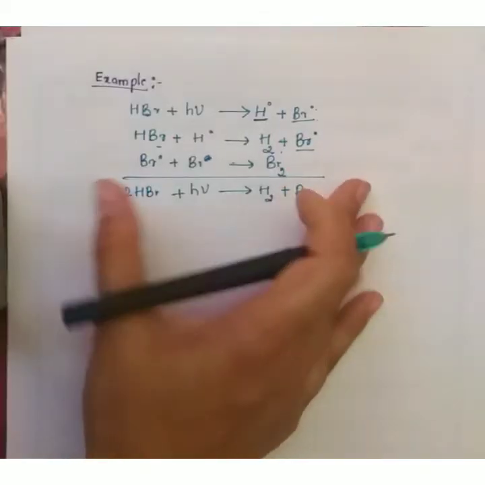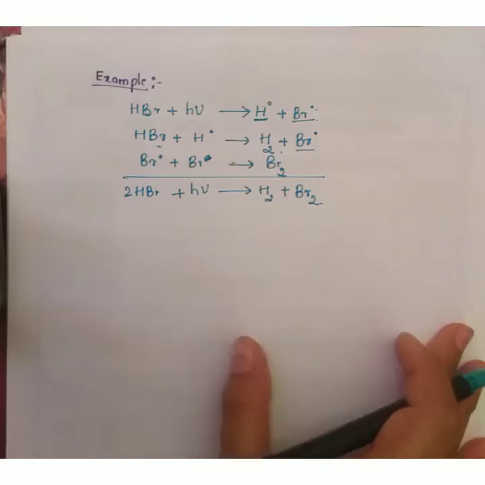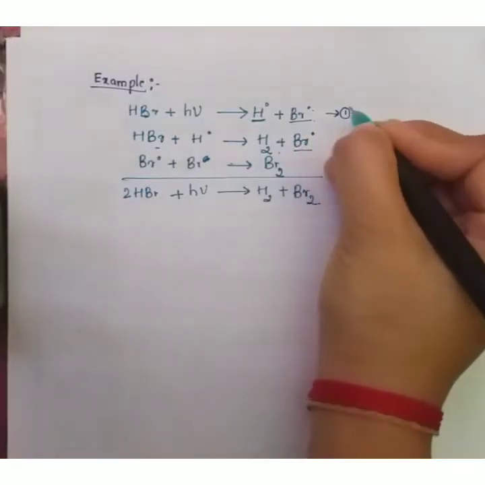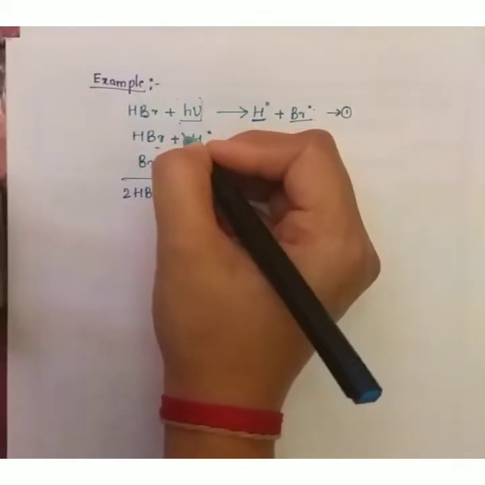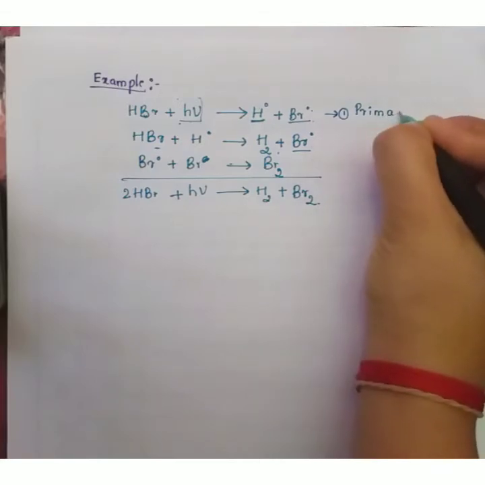As I said, if the reaction is carried out by the absorption of light radiation, then that reaction is called the primary reaction. So here the primary reaction is the first one, where the reaction is carried out in the presence of light, so we mention this as a primary reaction.